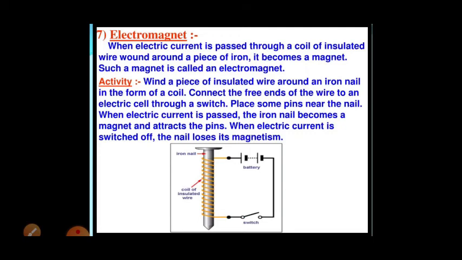This is known as an electromagnet. That magnetic field we can observe, and it has very wide use in electronic appliances like radio, TV, and some other appliances.